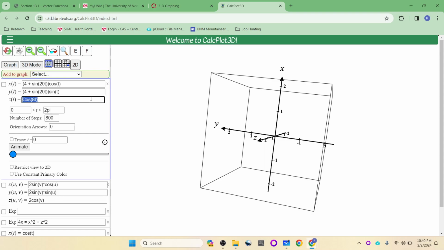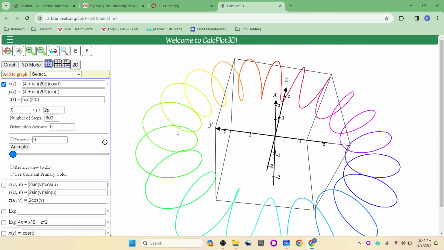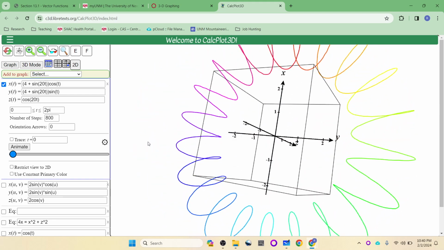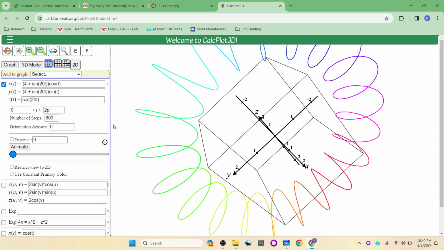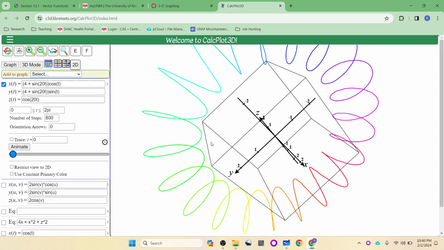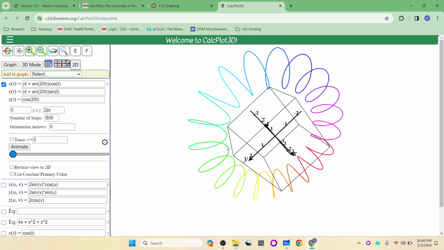And z is cosine of 20t. It's kind of like a sphere, but I don't know what it's going to be. Oh, wow. What the heck is that? It's like a slinky. We said t goes from 0 to pi. All our functions are trigonometric, so once you go from 0 to pi, you've covered everything. So that's what we get.